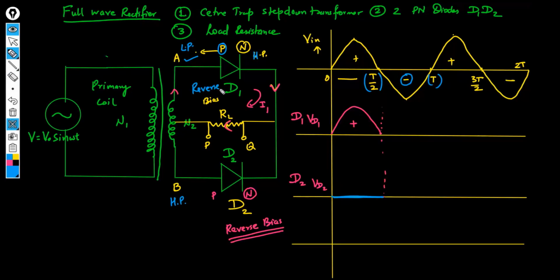If it is in reverse bias, it will not conduct electricity. We will get zero output.